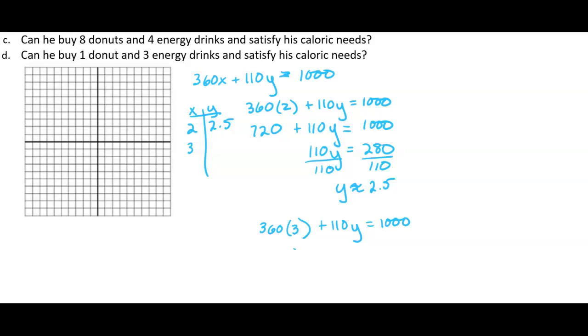So what is that? Oh, you know what? This is going to be too big, right? So he's going to have more than 1,000 calories just if he eats 3 donuts. So let's not pick 3 then. Well, I guess we could.